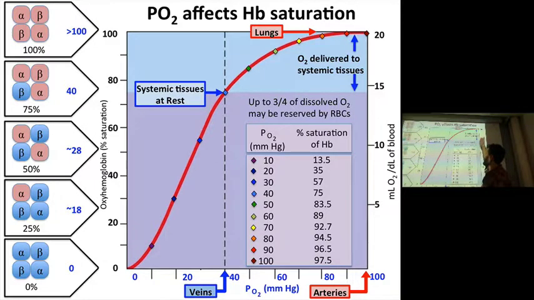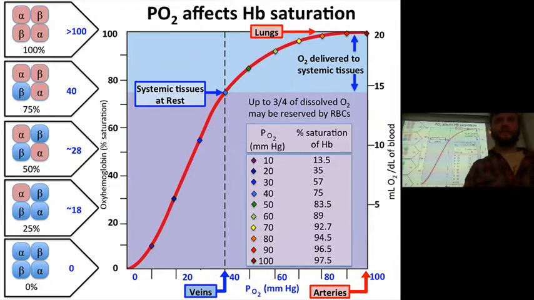So the hemoglobin picks up the oxygen, and then it goes through the circulatory system, gets brought back down to the tissues, and unloads that oxygen. You'll notice that this curve has an unusual shape. All right?